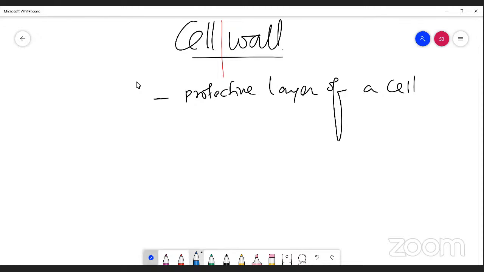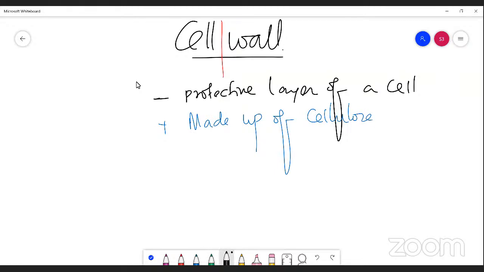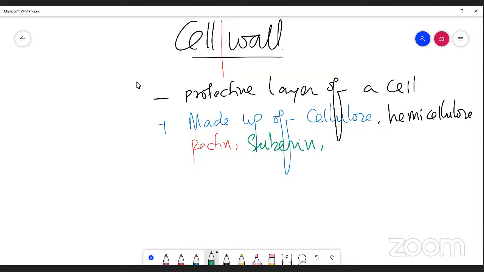Then the cell wall is made up of cellulose, hemicellulose, and one more compound, pectin, and one more thing, suberin. In addition, cutin.